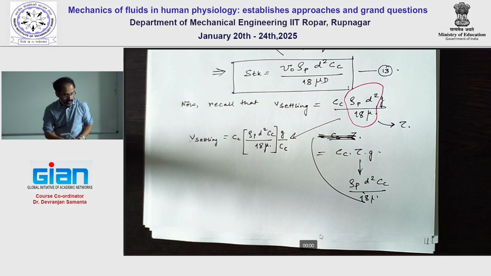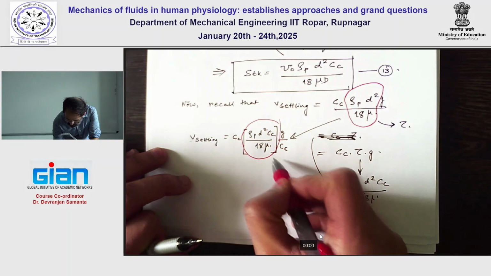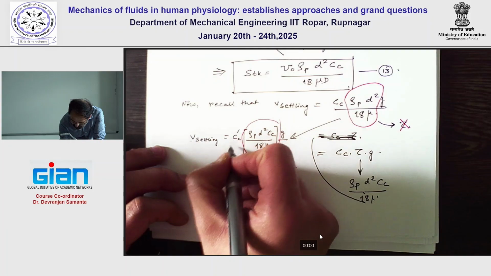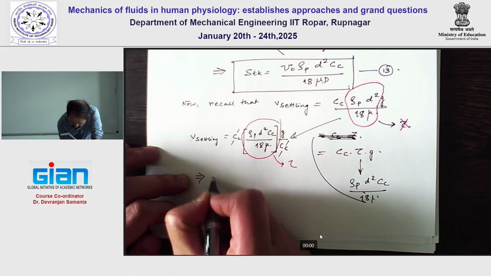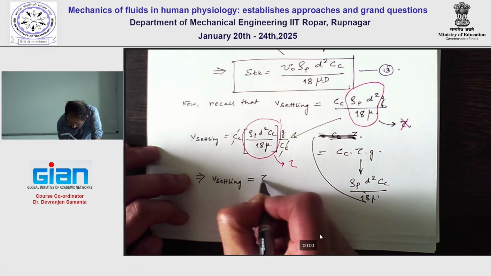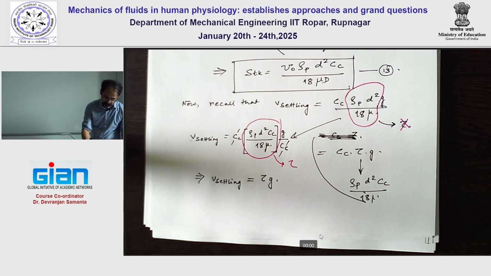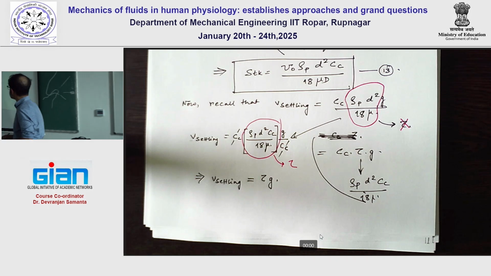So now I can call this part as tau, but this Cc and this Cc get cancelled out. So what we have here is V settling is this tau times the g. Correct me if I'm wrong. So V settling is tau times g.